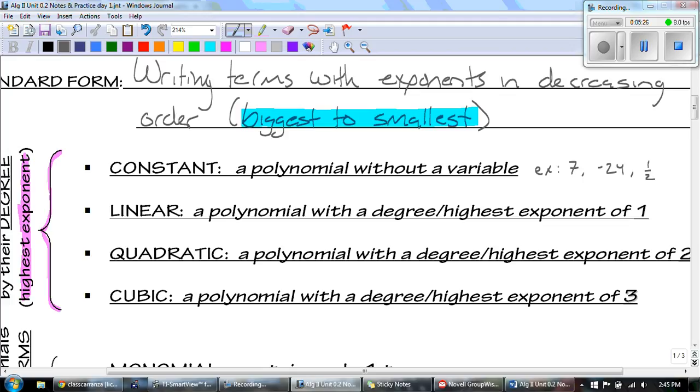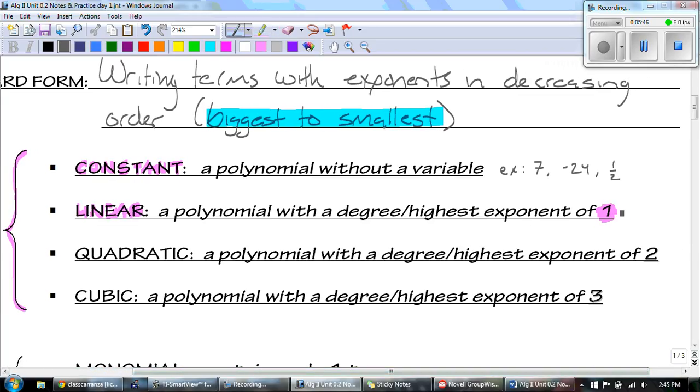A linear, the first thing we talked about was a constant. Now with a linear, it's a polynomial with a degree, the highest exponent, of 1. So if we have something to a degree of 1, we could have 5x plus 6 or negative 2x.